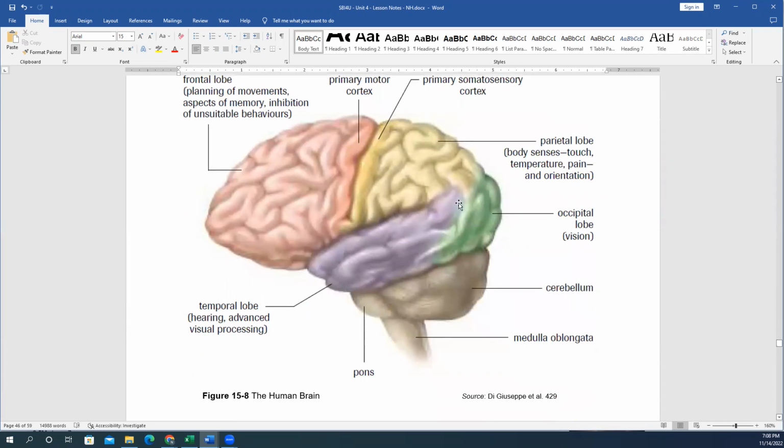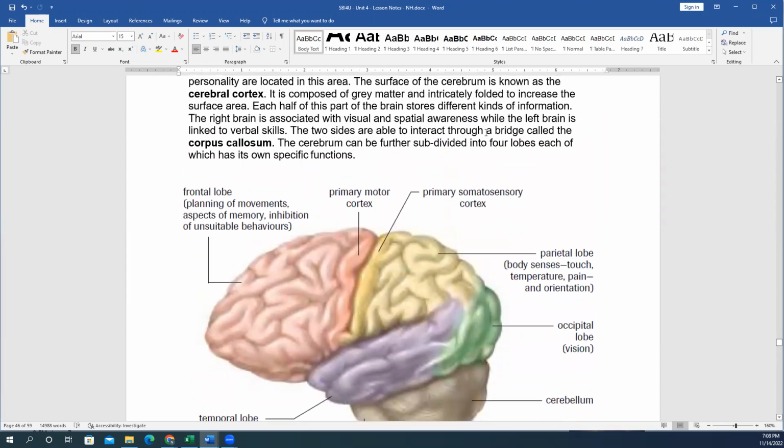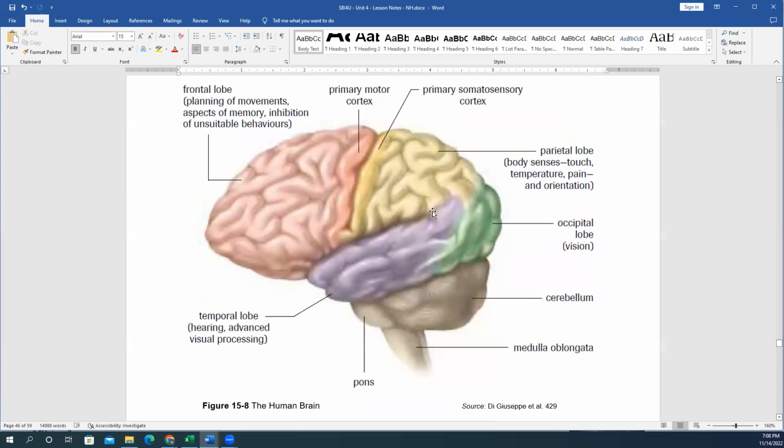And then this part of the cerebrum can be further subdivided into the different lobes, each of them having its own specific function. You have the frontal lobe, the parietal lobe, the occipital lobe, and the temporal lobe.